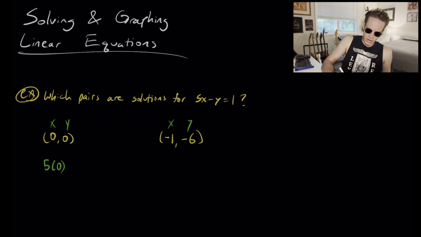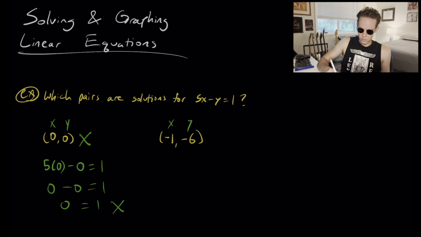And then instead of minus y, it's going to be minus 0 equals 1. So let's see if both sides come out to be the same. 5 times 0 is 0, minus 0 equals 1. 0 minus 0 is 0, and we have 0 equals 1, which is not true, and this is not a solution. So let's try the next one.